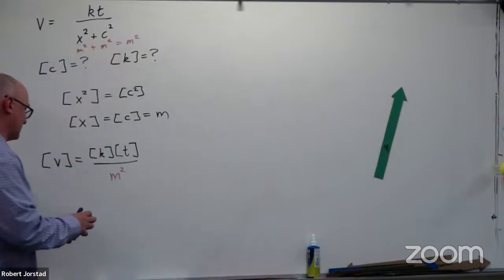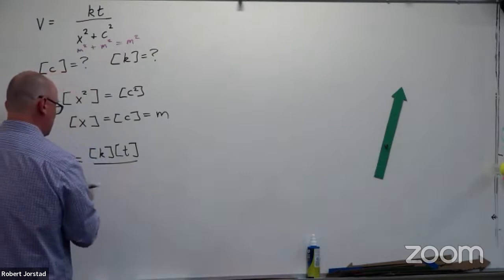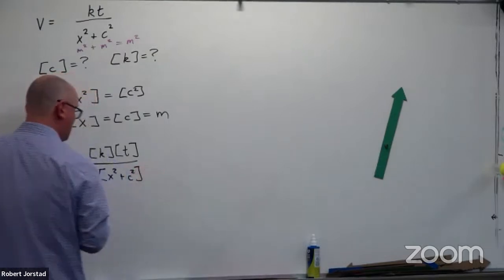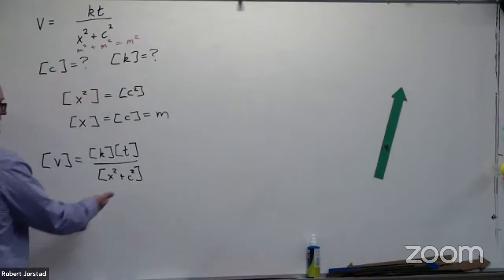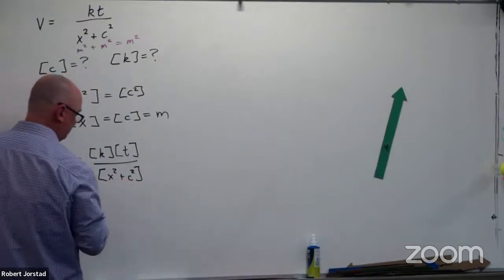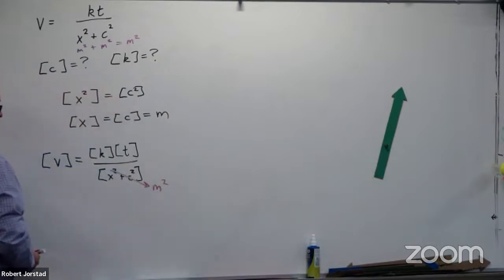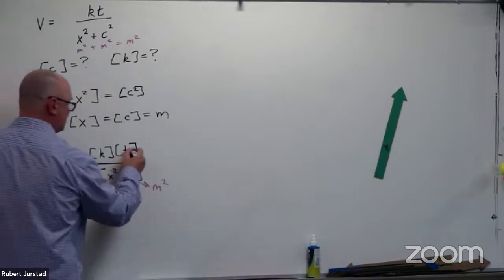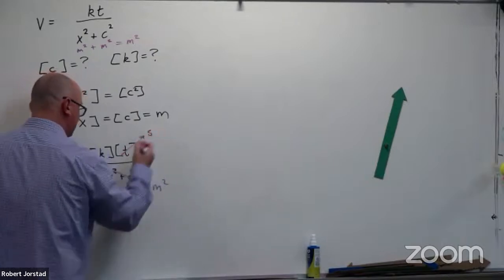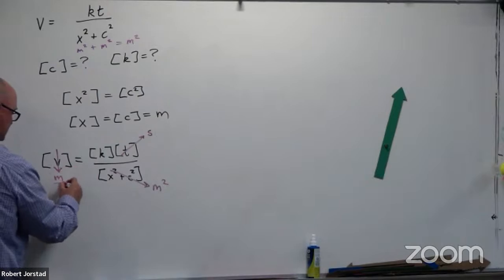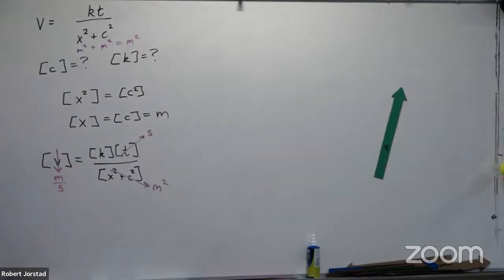So maybe I could write it like this just so you see it. You could write the units of x squared plus c squared. But what does that mean? We know this is meters squared from what we just did. I know that this is seconds. And we know that this one over here is what? Meters per second. So there's lots of different ways to do this stuff.